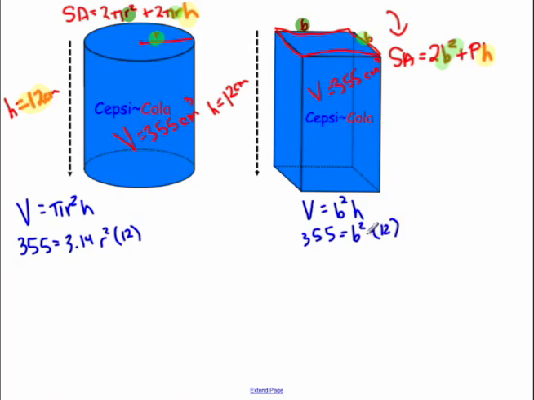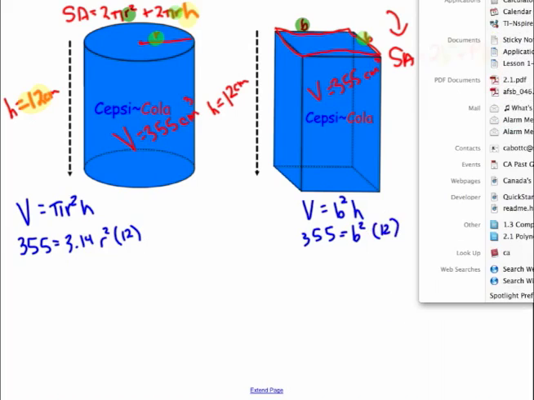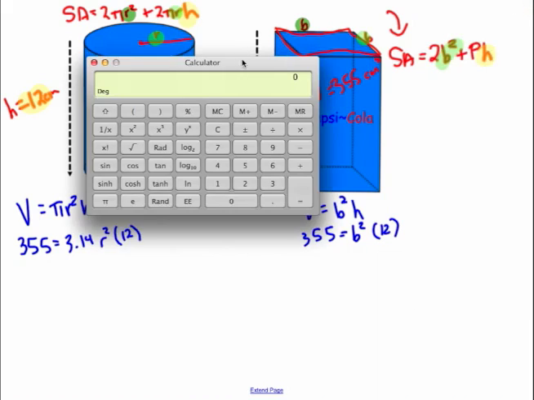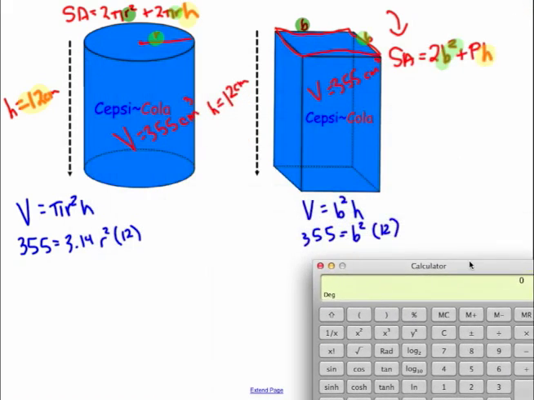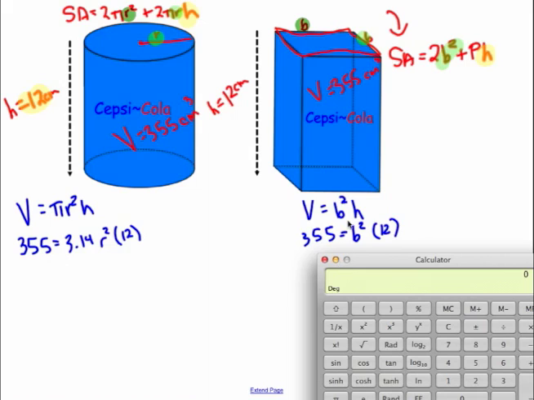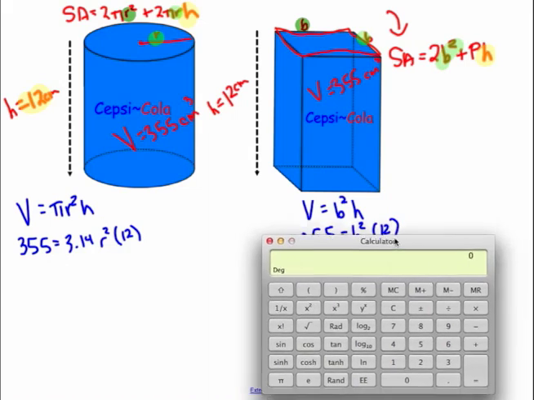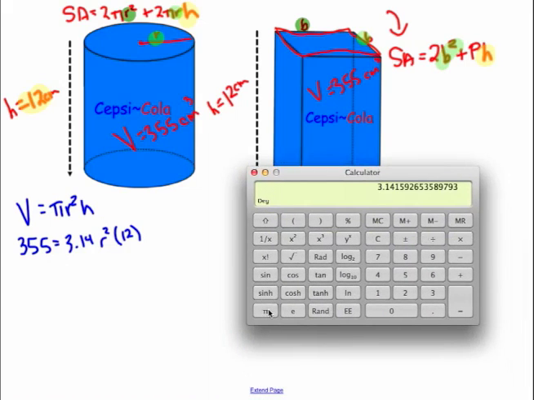So let's try to work this out. Get out our trusty calculator. I can trust it. All right, so we're going to work out 3.14 times 12. I'm just going to use pi times 12, and that's going to give us 37.7.